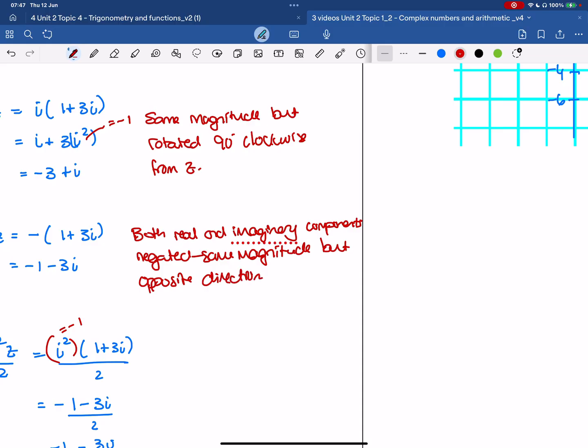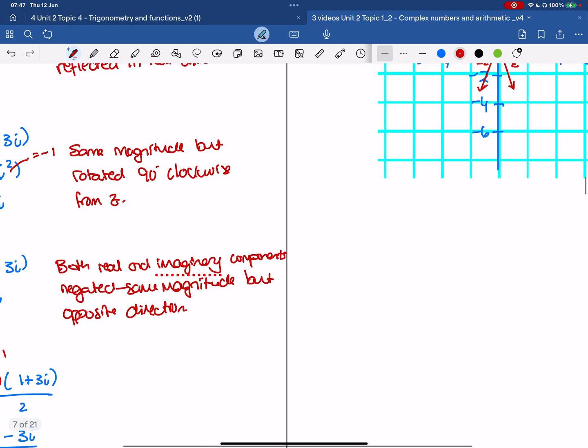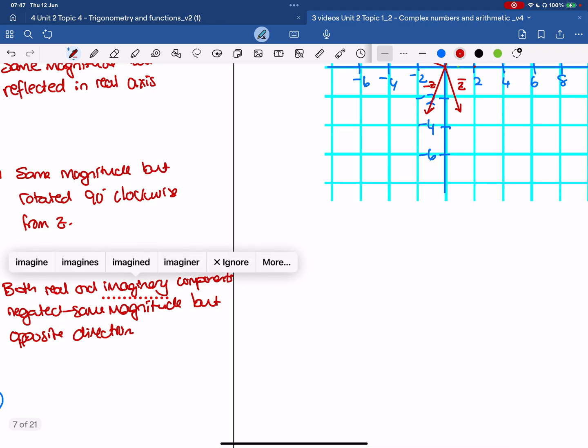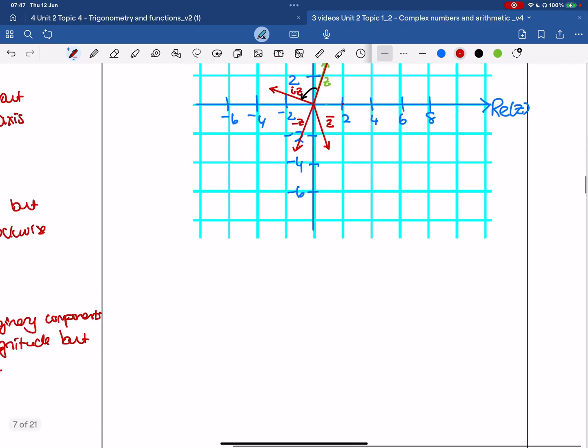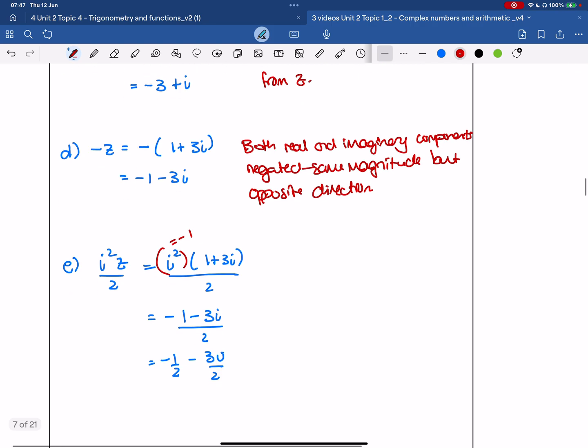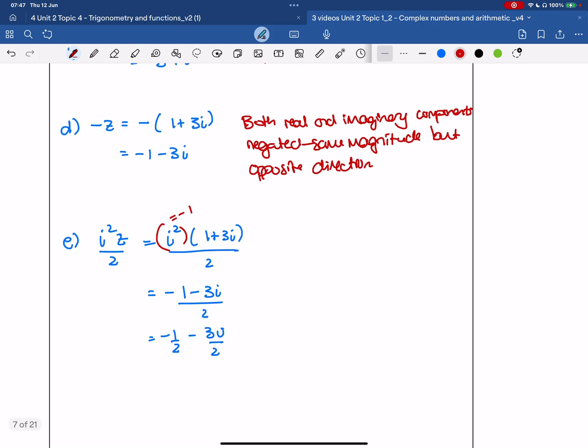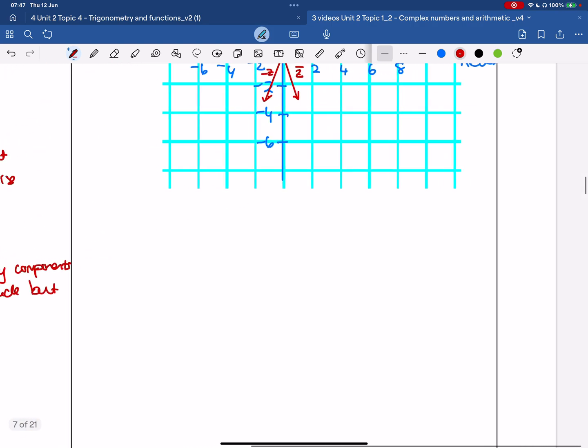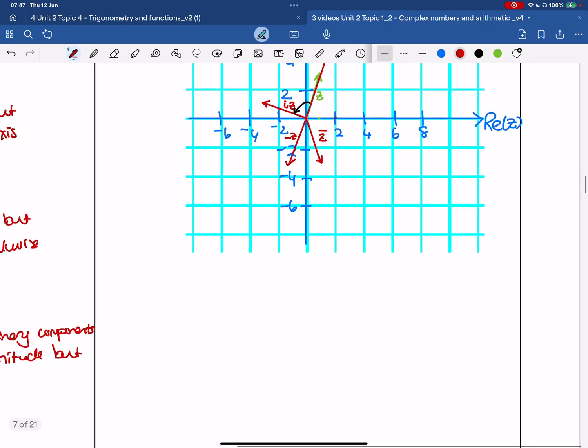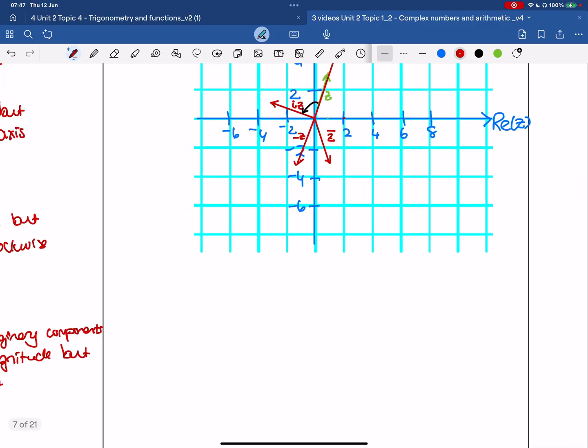All right, and then i squared z over 2. So what was i squared z over 2? Negative a half minus 3 over 2i. So, well, that's going to be really small on here. Negative a half minus 1.5i, somewhere over there.